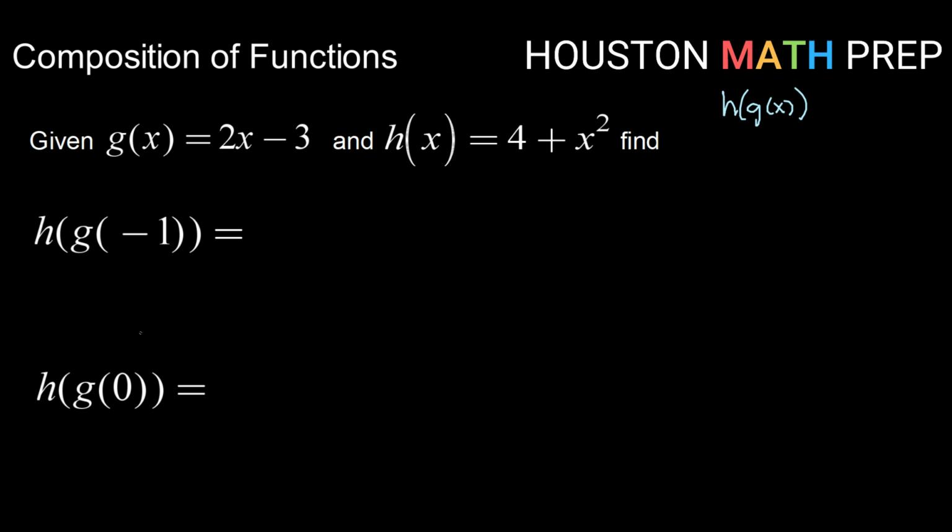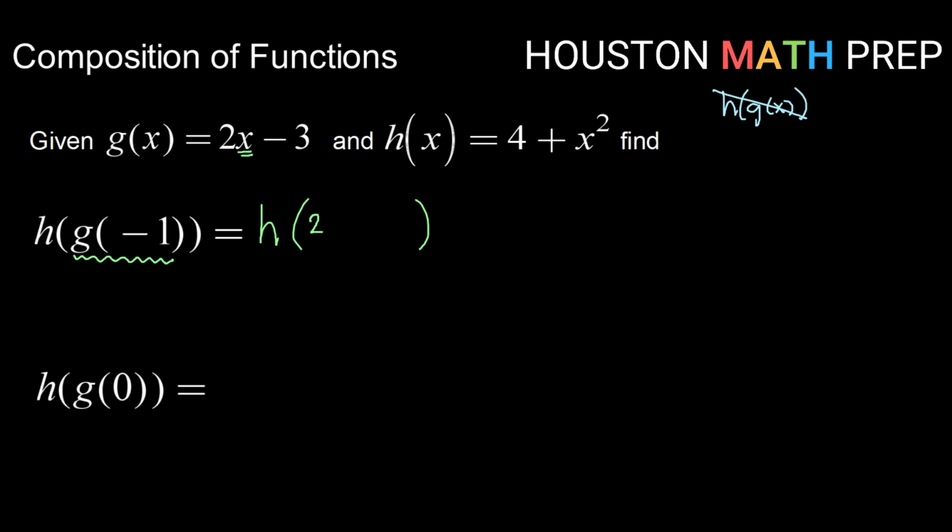The other way that you can do this, if you don't want to do this first, is you can simply evaluate from the inside out. So I can first just find g of -1 and just leave that inside h. So finding g of -1 tells me into g of x, replace my input with -1.